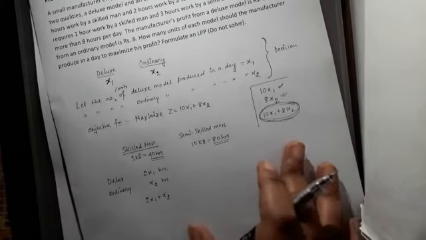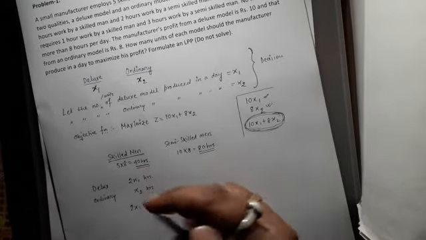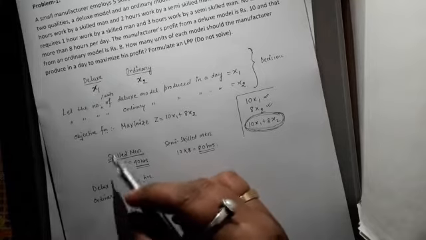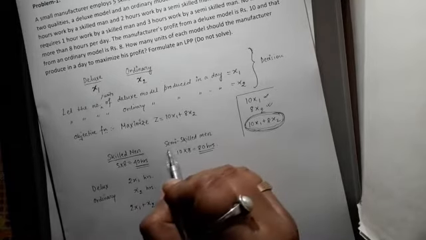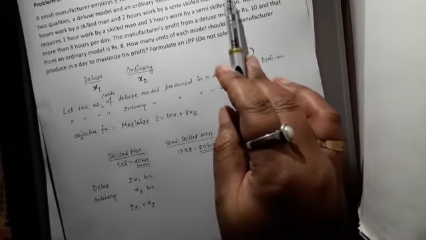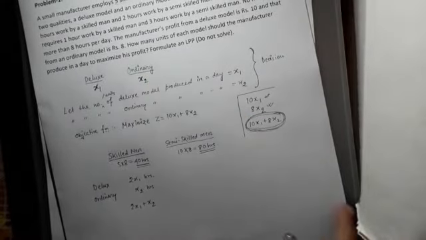Now we have considered the skilled men criteria. Now we will talk about the semi-skilled men. Again, for 1 unit of the deluxe model it requires 2 hours work by a semi-skilled man.